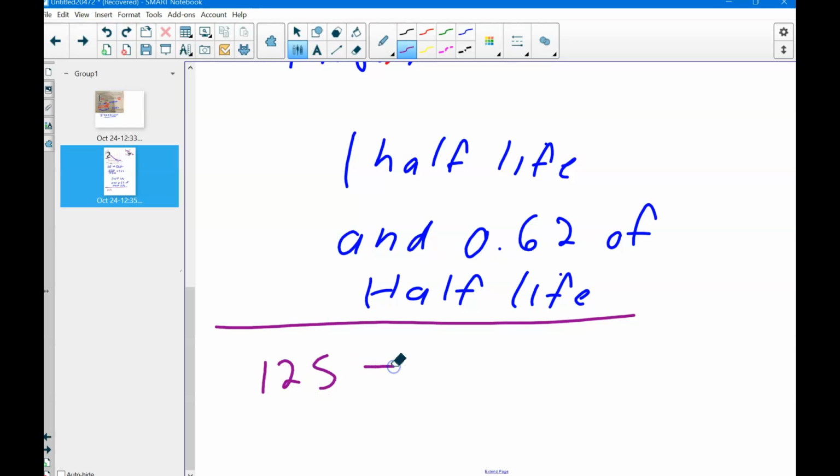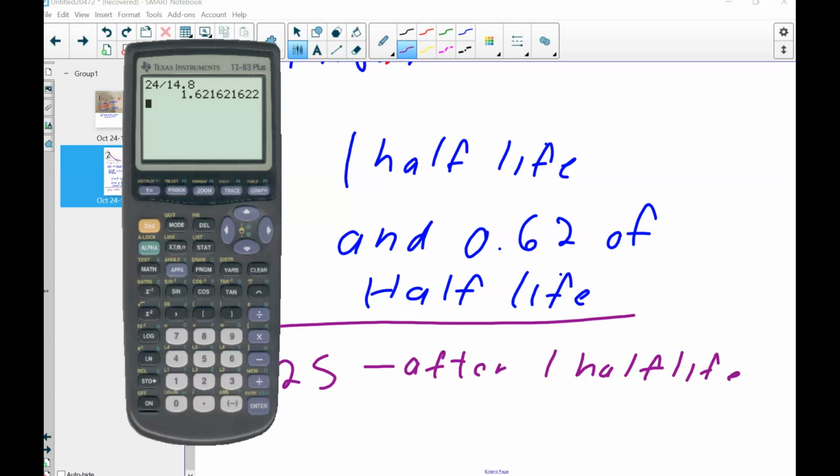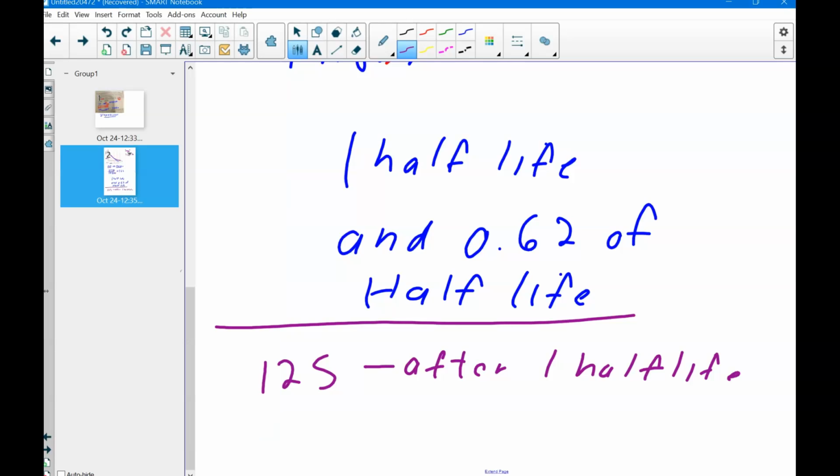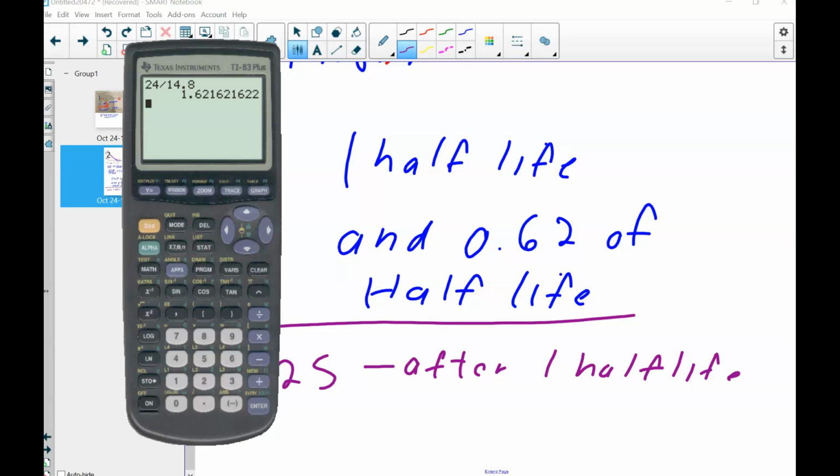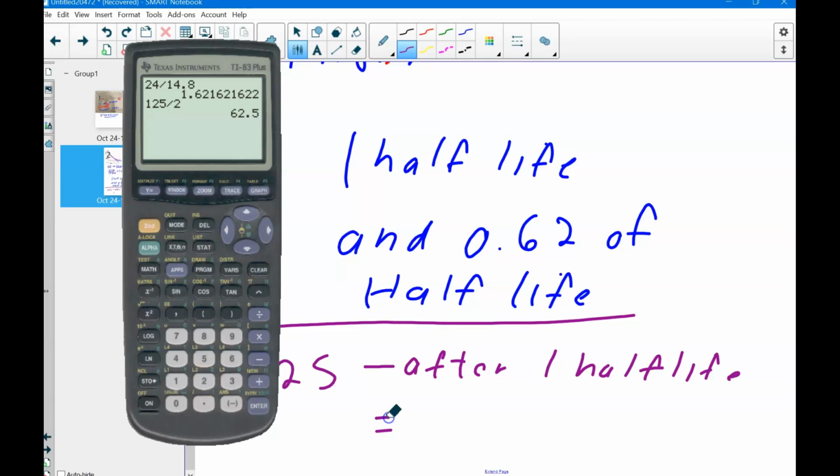After one half-life, we're going to have, you got it, half that much left. So 125 divided by 2, which means after one half-life, we're going to have left 62.5 micrograms.